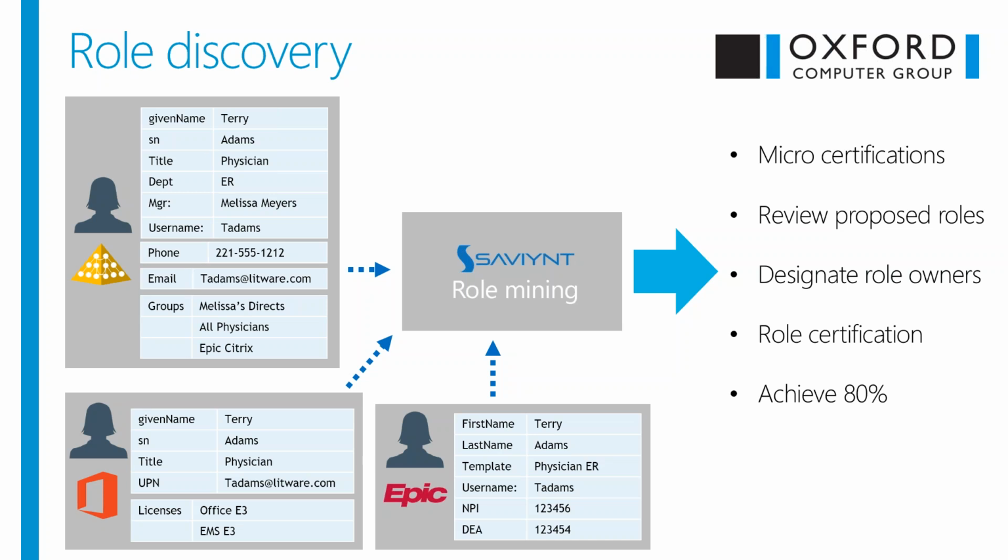Once we've got that data, we can leverage it to suggest roles or attribute-based access control rules that will be used for provisioning. But before we take those suggestions, so Saviynt has provided us suggestions about what roles to make, before we take them at face value, we'll want to do certifications on those roles with the app owners and the compliance departments.